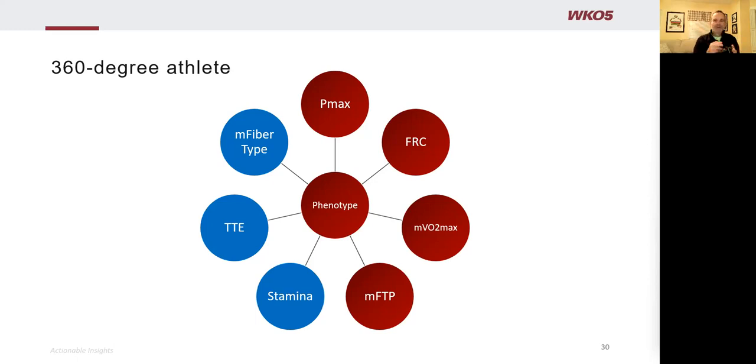I'm looking at power. I want to know, is the power getting better? Are power relationships getting better? Something I'm going to give you a sneak preview of in a couple of slides. I want to know if their power to heart rate is getting better. I still use heart rate. Heart rate has too much variability to coach by, but gives us excellent insight in relationship to effort, and should be utilized in ways to gauge fitness, which I'll teach in future webinars.